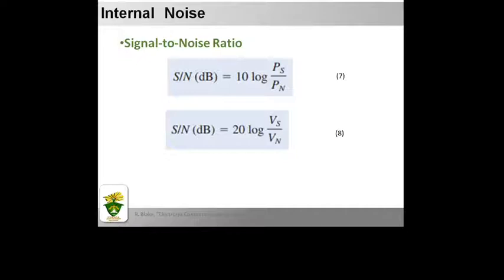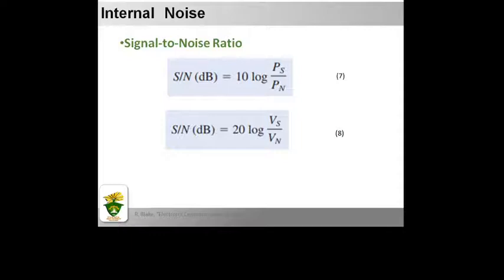Actually, the main reason for studying and calculating noise power or voltage is the effect that noise has on the desired signal. In analog systems, noise makes the signal unpleasant to watch or listen to, and in extreme cases, difficult to understand. In digital systems, noise increases the error rate.